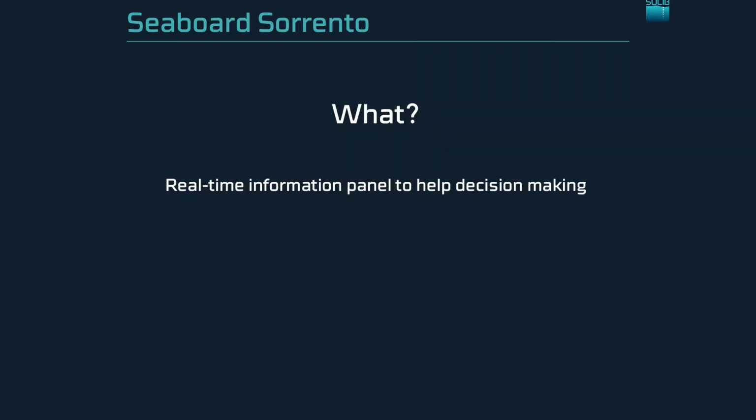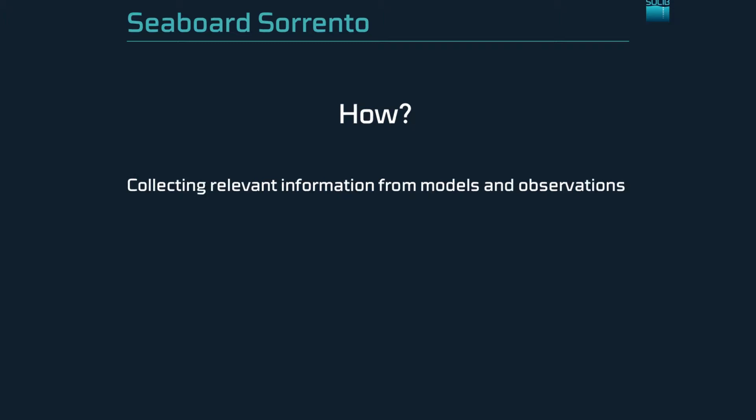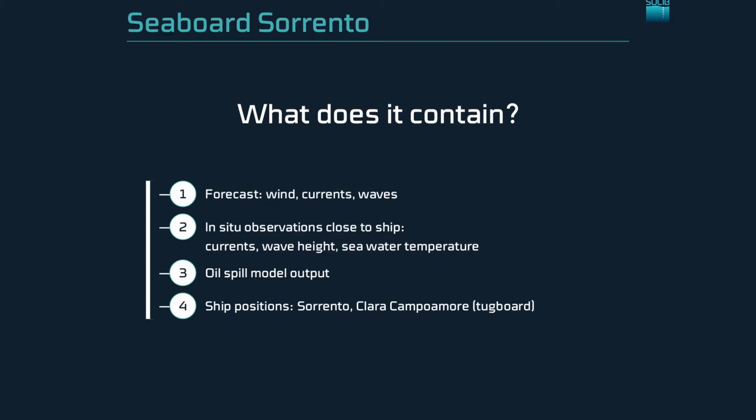So what was the Seaboard? It's a real-time information panel to help users. As I said, it is to gather all the relevant information that we could find. So it means local data, local model, CMEMS products, in situ data. We'll give more details. It contains forecasts for wind, currents, and waves, which are very important in case of search and rescue or just oil spill control.